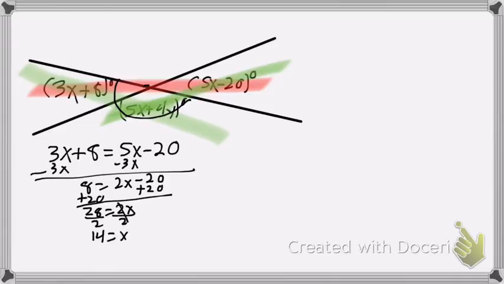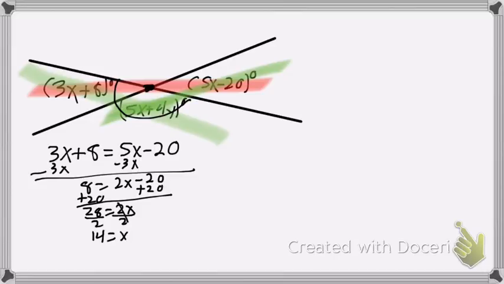It means that adjacent, so we've got one common side, two non-common sides, and a linear pair are adjacent angles whose non-common sides are opposite rays. Opposite rays form a straight angle. So when you have two angles put together that form a line, they are called a linear pair.